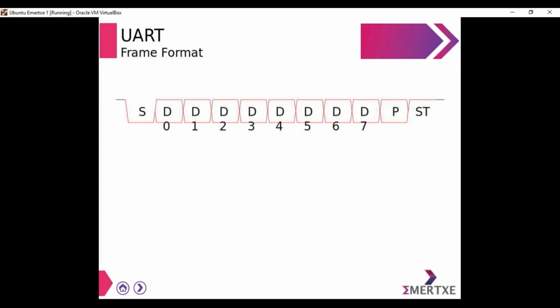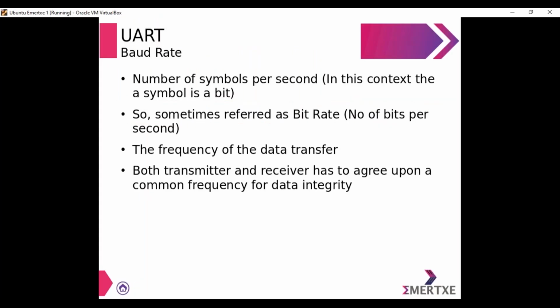Then after this, we were discussing things with respect to the baud rate. Baud rate is always referred to as the number of symbols being transmitted per second. A symbol can be made up of a single bit, or it can be made up of multiple bits when you are using a modulation technique. So sometimes you can call the baud rate the bit rate as well, which represents the number of bits per second.